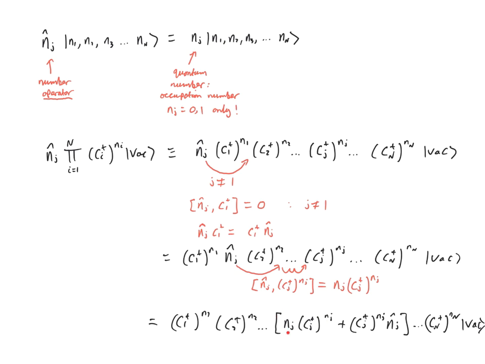Then we have this second term here. This is just a number. This number can be brought out to the front here. And then I'm just going to have nj acting on this string of operators.